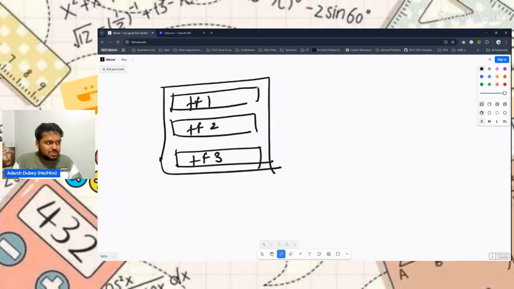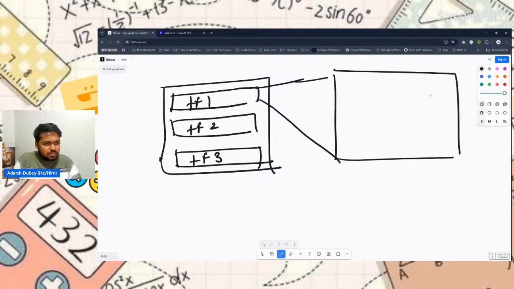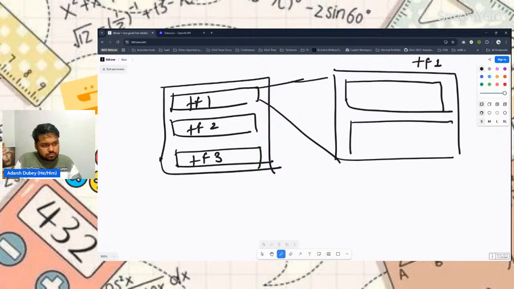Okay, let's zoom into this. Let's talk about TF1, because each TF will be similar. Each transformer block will contain an attention layer and a simple MLP layer.